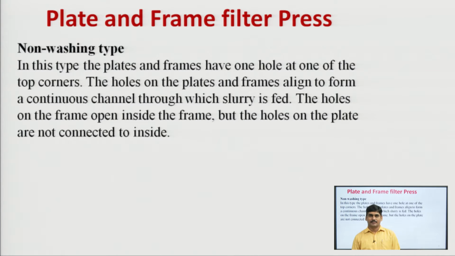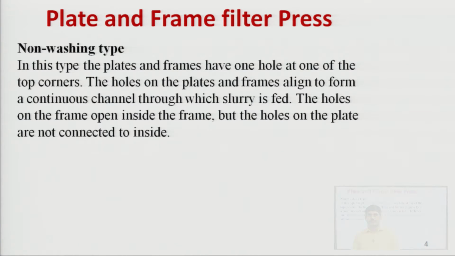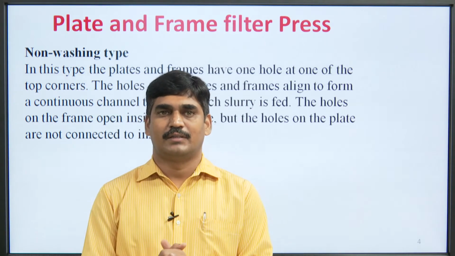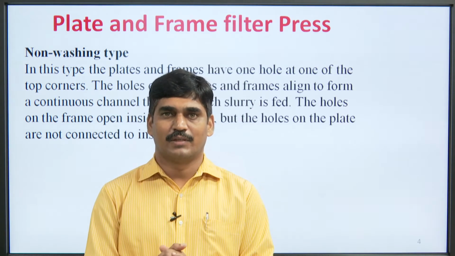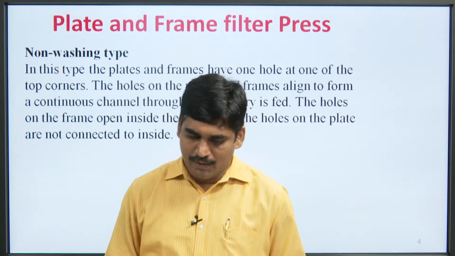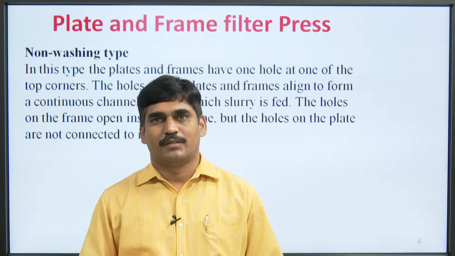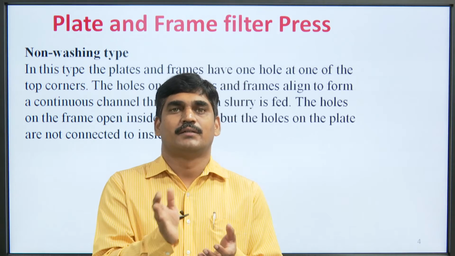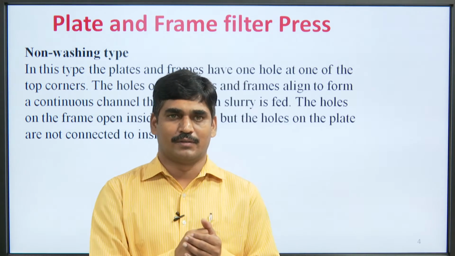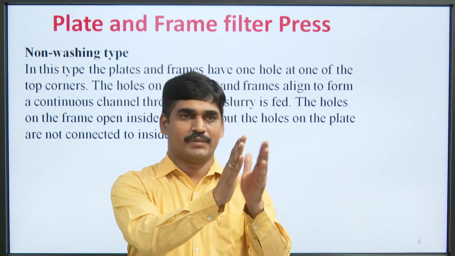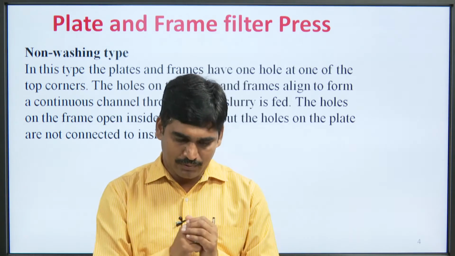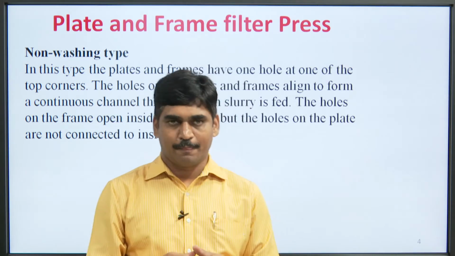As the name suggests, non-washing type, in this case washing is not taking place or we are not doing the washing cycle. In this type the plate and frames have a hole at one of the top corners. That means, on the same side corner both plate and frame have holes of the same size.